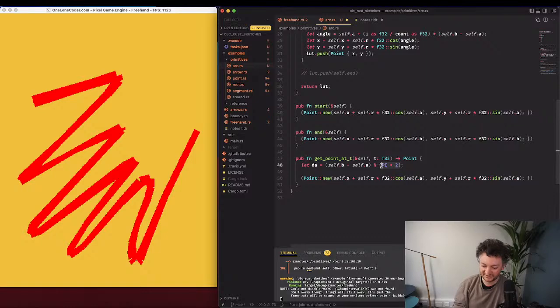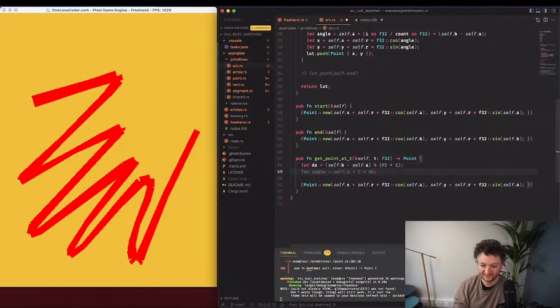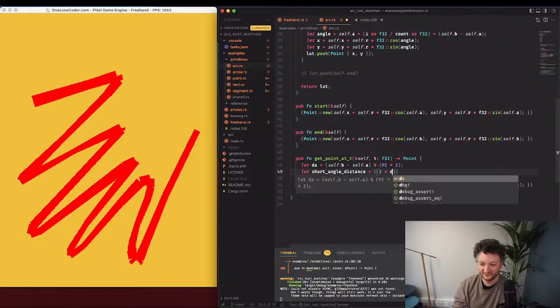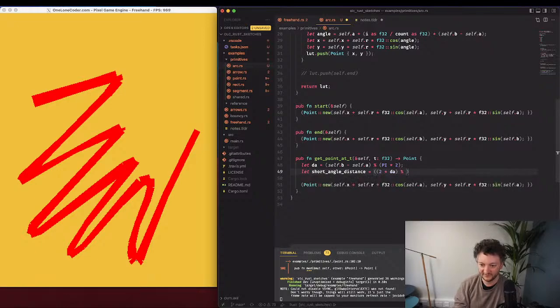We probably don't actually need this, but in the rare case that the arc is greater than pi divided by 2 or whatever. And then let's say short angle distance is 2 times dA divided by pi 2 minus dA.